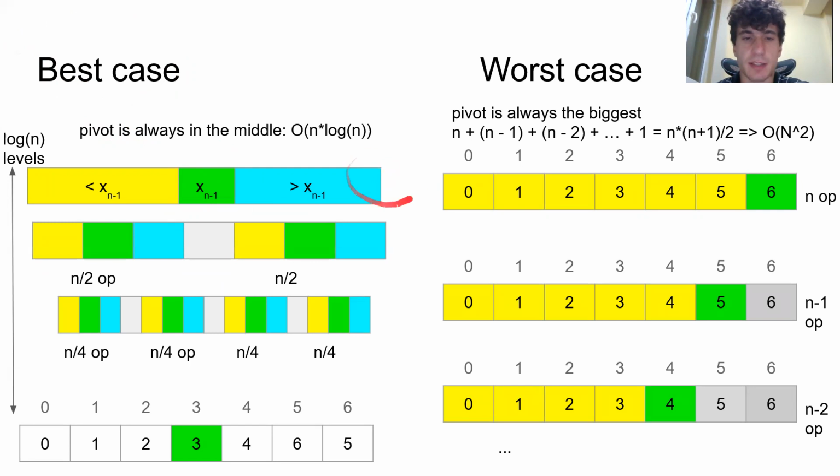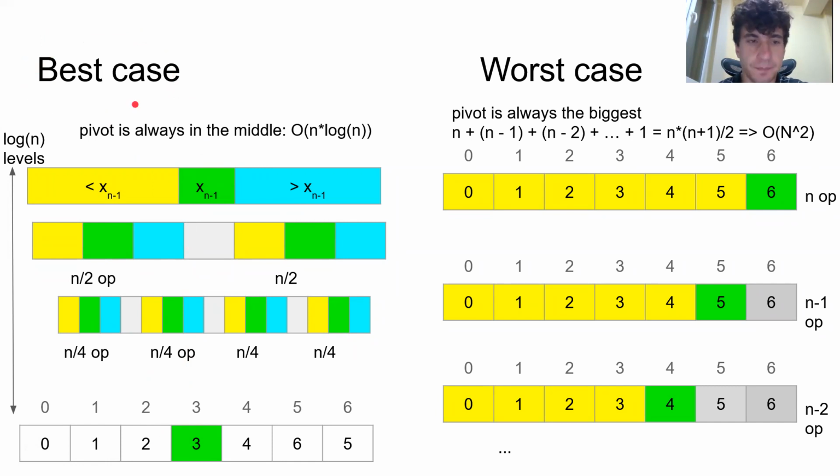So basically, if the last element is perfectly in the center, and then again, the pivot gets in the center even on the left side and right side, if it always splits the array in two equal or almost equal parts, then it's a good case.